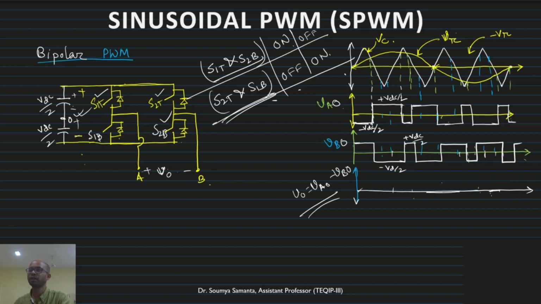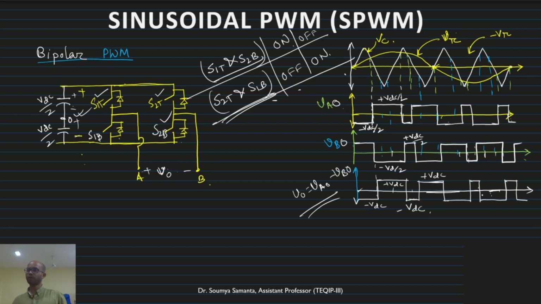Whenever this is minus VDC by 2 minus plus VDC by 2, up to this point it will be minus VDC. Then at this point, plus VDC minus minus VDC, this will be plus VDC. Then at this point, this will be minus VDC, and here this is plus VDC. This is how it will continue.